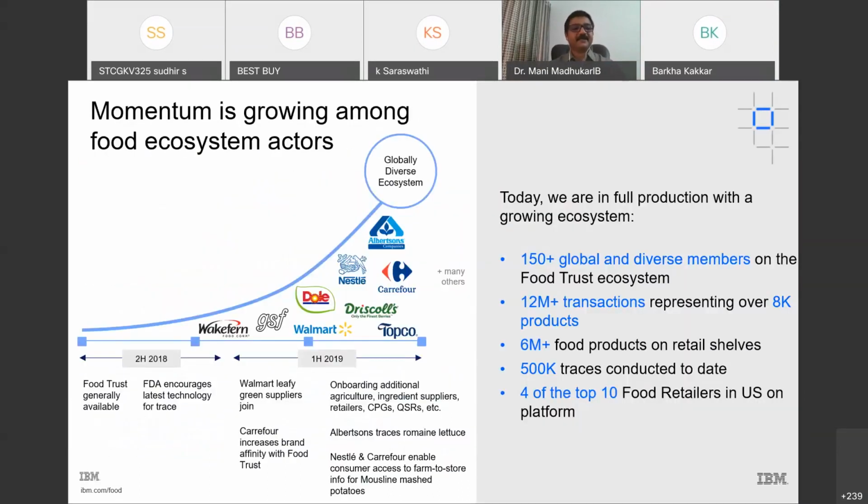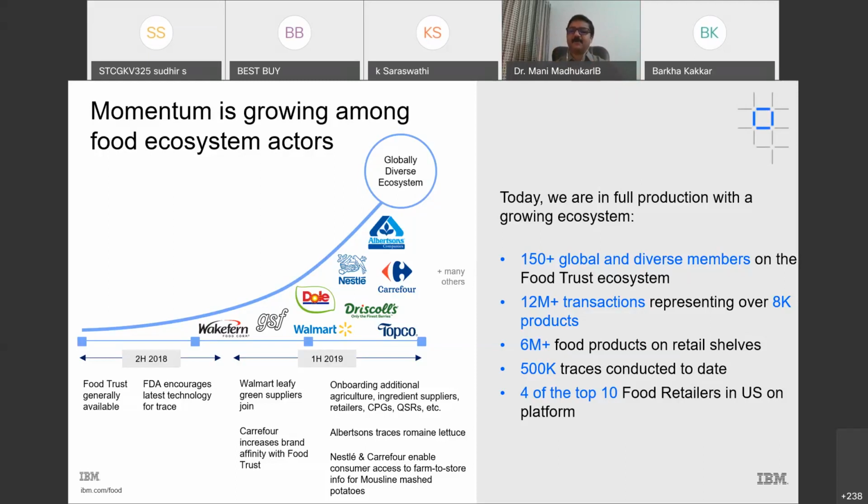In the second half of 2018, it evolved, and since then we have got almost 150 plus global members on this platform. So next time when you go to Europe or China and you pick up a product from one of these Walmart showrooms or Nestle, and you scan the barcode there, you can get the entire audit trail of that product: when it was reared from the ground, how long the journey took from the ground to the retail store, what temperature was maintained in the cold storage, what temperature was maintained in transit.